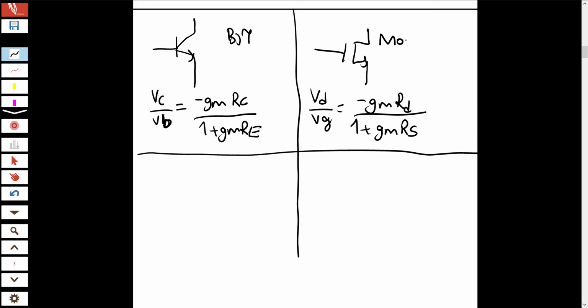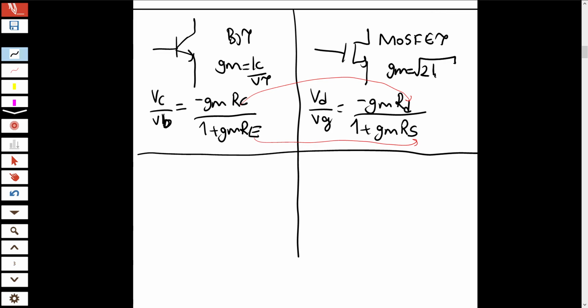Here in BJT, gain is minus gm times what is seen at the collector divided by 1 plus gm times what is outside of the emitter resistance. In MOSFET equivalent, collector becomes drain and emitter becomes source, and for the gm formulas, remember, in BJT, gm equals I_C over V_T. In MOSFET, gm equals square root of 2 times I_D times K_n.